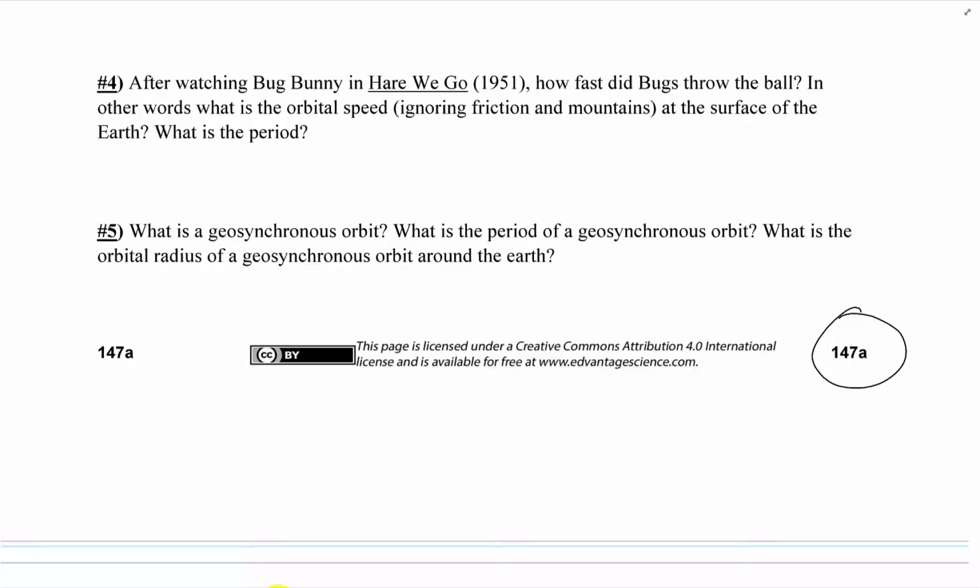Okay, so now back to here. How do we solve this? What is the radius? The radius means to the center of the circle, so that's right into the center of the Earth. There's the Earth, and we want to know that radius. So what's creating it? That's gravity.